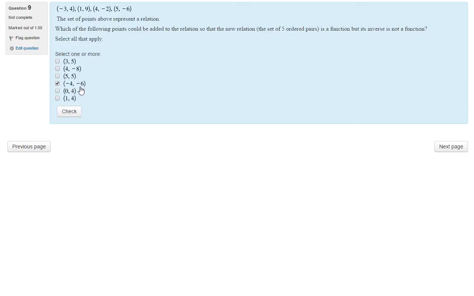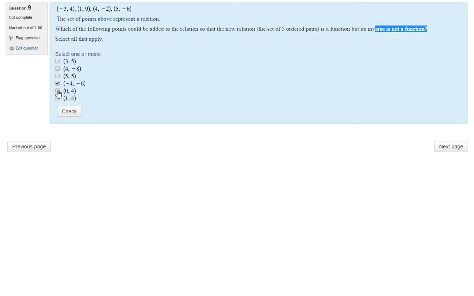So after reversing x and y, an input of -6 would produce 2 separate outputs, which means it's not a function, and that's what we want. We want the inverse to not be a function.